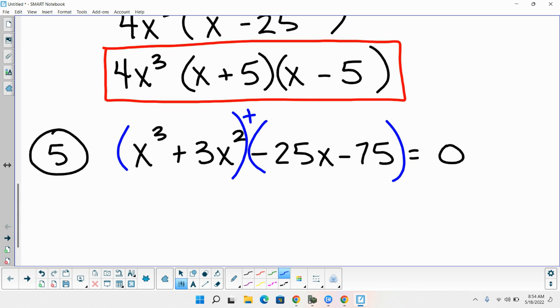And then we take out GCFs from each set of parentheses. So what's the GCF of the first set? X squared. What's the GCF for the second set? -25. When that third term has a negative like this, that negative comes out. And then 25 goes into both.